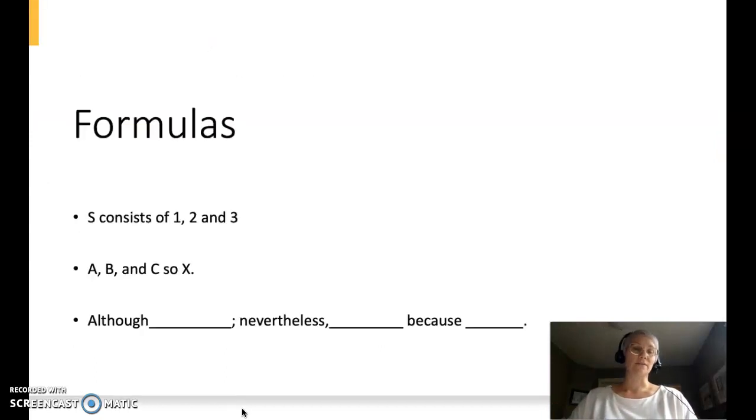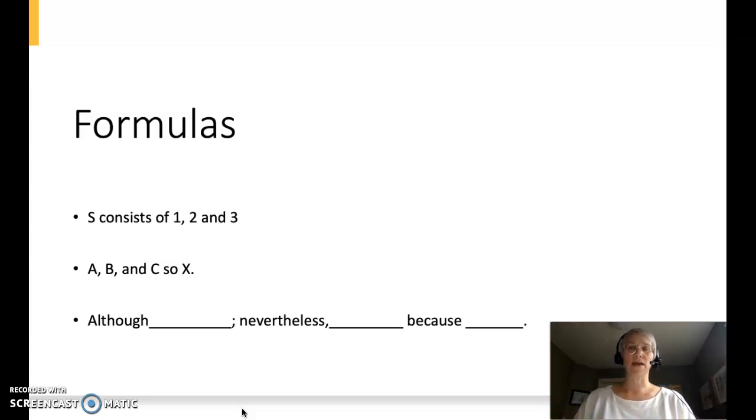You'll know that if you have an expository paper or an informational paper, your formula is going to be fairly basic. S consists of 1, 2, and 3. This is made up of these 3 things. You're simply describing or explaining.